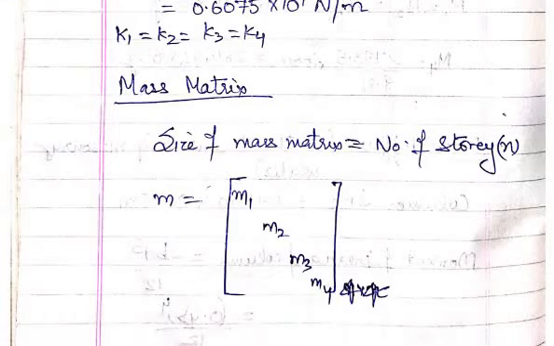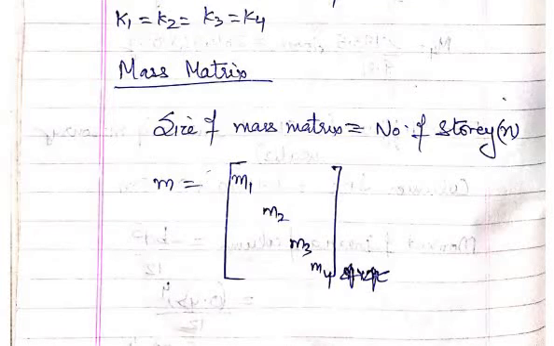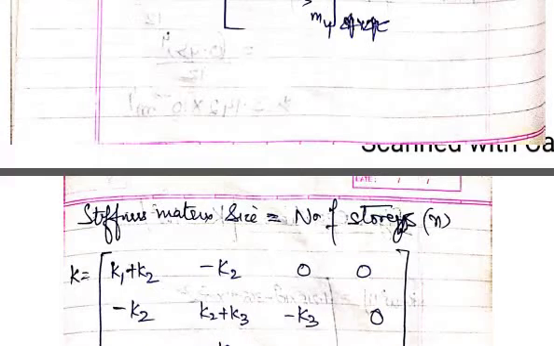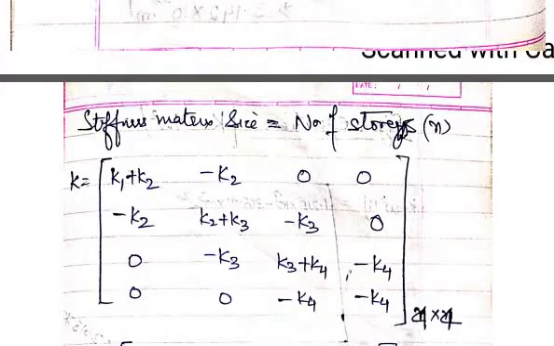Now we will go for the stiffness matrix size. The stiffness matrix size is equal to the number of stories, that is n again, and this is the method to write the stiffness matrix. We write the stiffness matrix in this way.